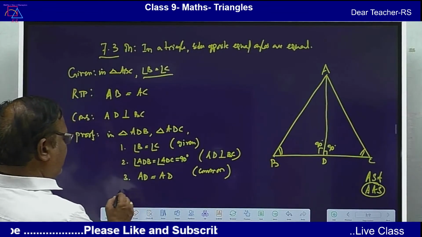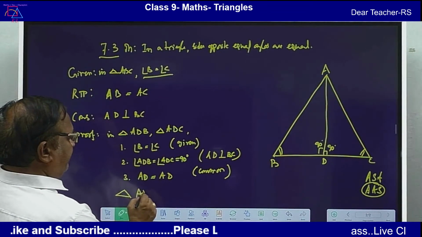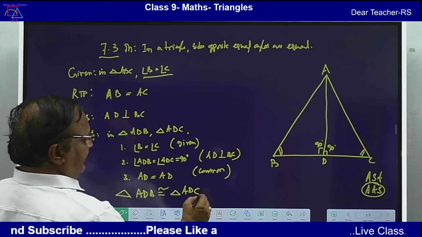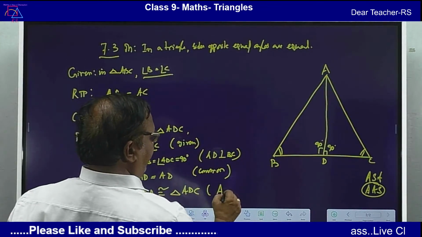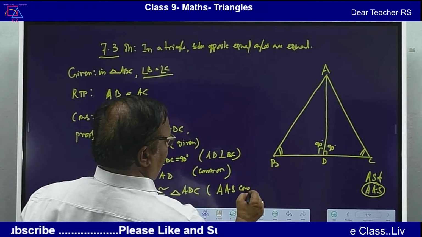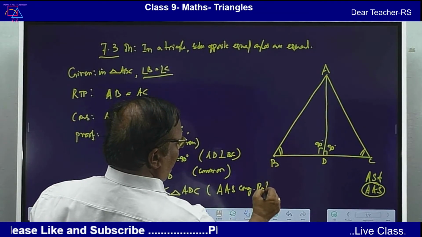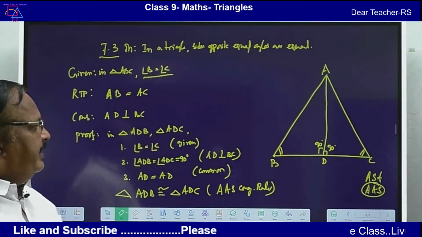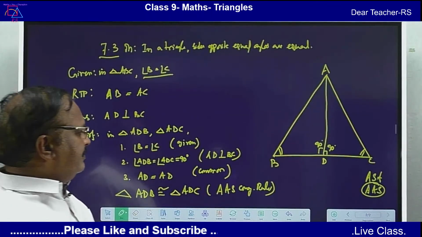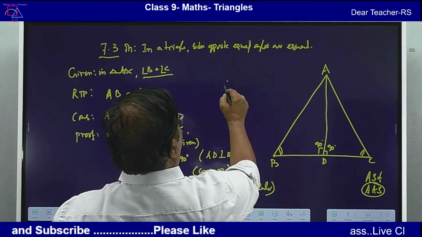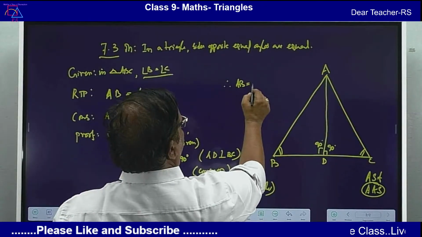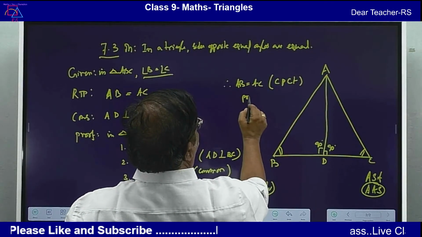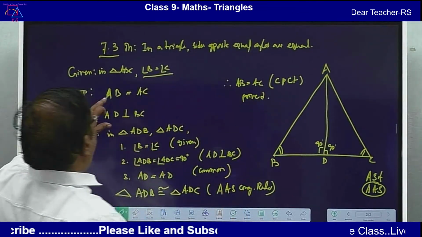So now triangle ADB is congruent to triangle ADC by AAS congruency rule. So now the two triangles are congruent. Therefore, by CPCT, AB is equal to AC. This is what we wanted to prove: AB is equal to AC.